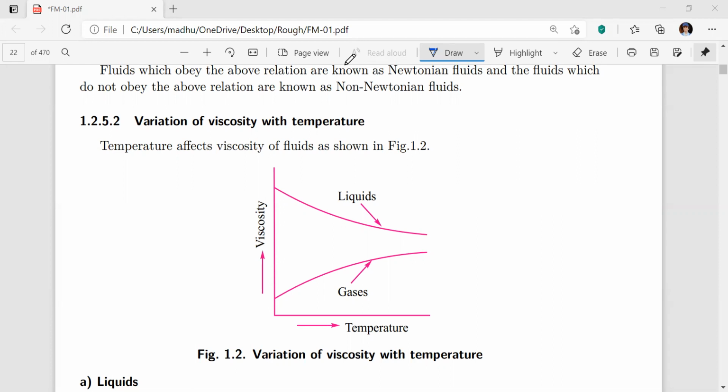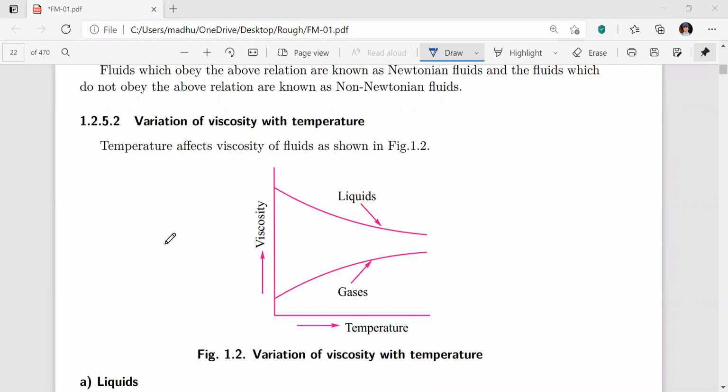So in order to make it flow, we generally put it in a hot water bucket, so that the temperature of the hot water is transferred to the oil and the oil is heated up. Okay, so the warm oil will flow more easily. We have done these experiments already in our daily life, so that's what we are studying now.